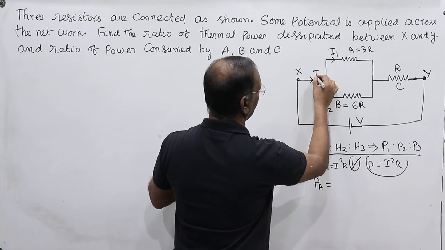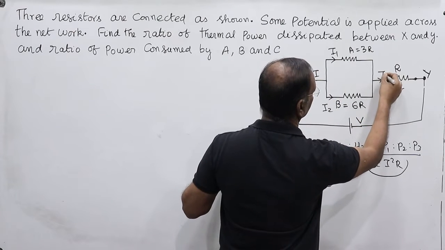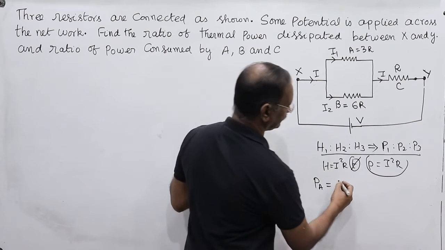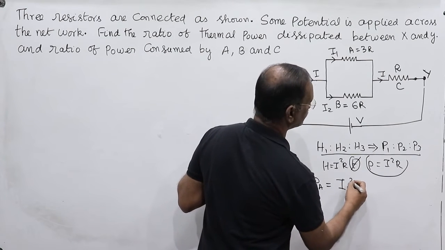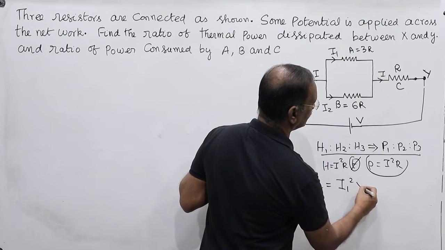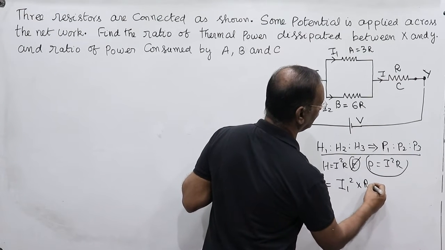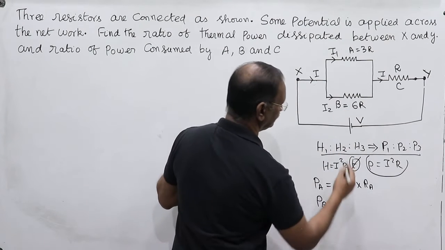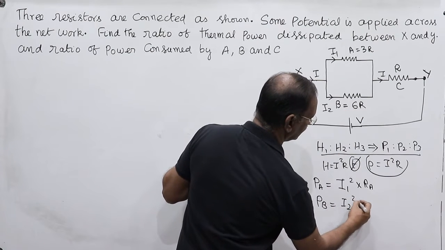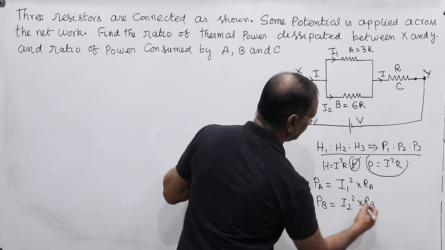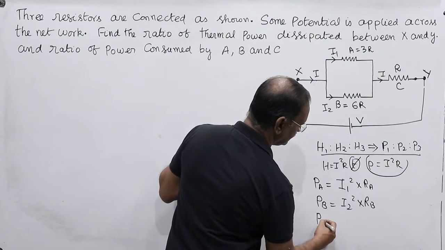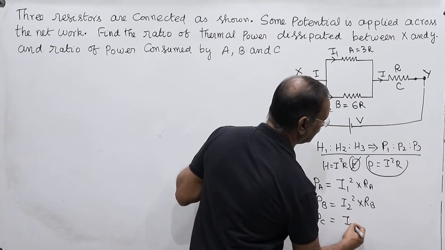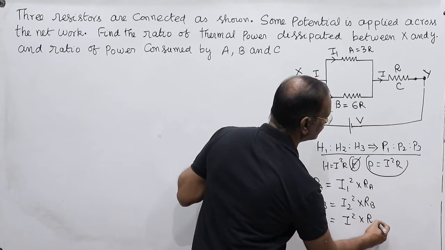If I is the current that flows in, the power of A is equal to I1 square into resistance of A, the power of B is equal to I2 square into resistance of B, and the power dissipated on resistor C is equal to I square into resistance of C.